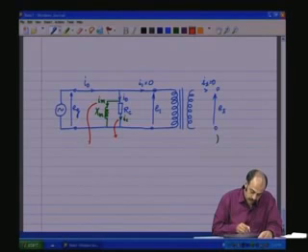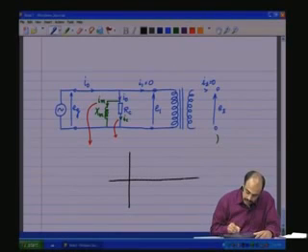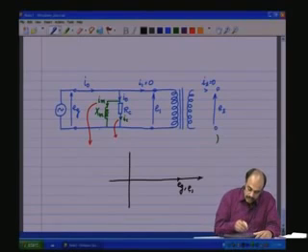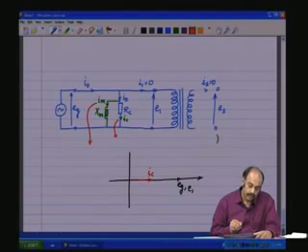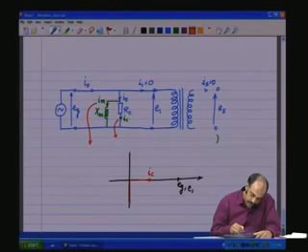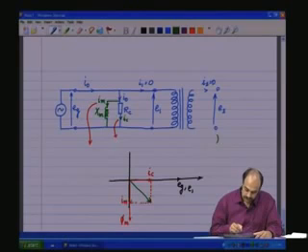So, if we have, let us say, the spatial coordinates, and along this axis I have EG, which is same as E1, and along that is IC, and 90 degrees lagging will be IM, which in fact produces phi m, the flux, and the resultant of IC and IM will be I naught by Kirchhoff's current law.